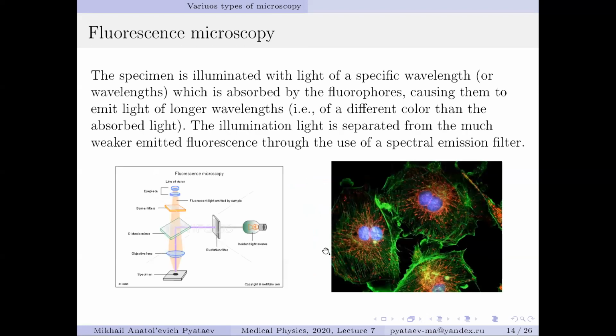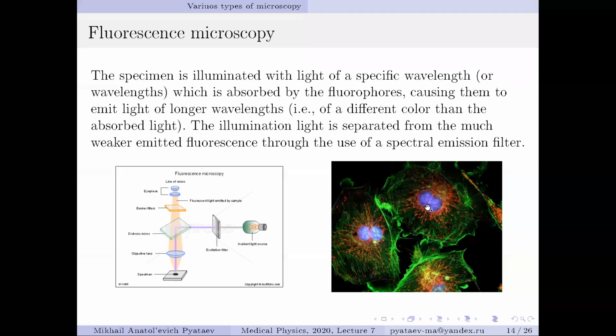And another way to increase the information obtained by microscopy of this type is to use fluorescence. If we put some substances inside the object, a fluorescent dye, then we can get information from only those points which include this substance.